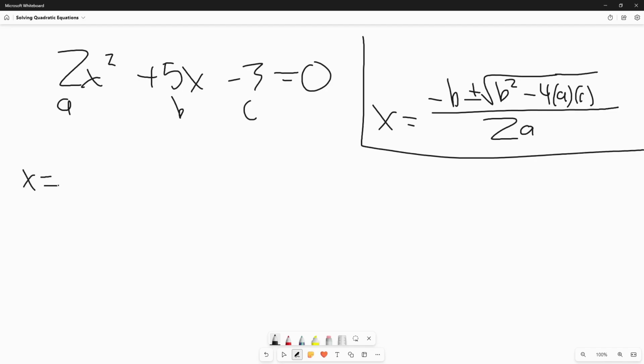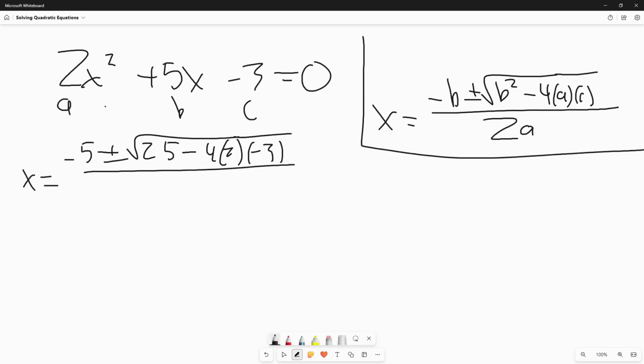We get x equals -5 plus or minus the square root of 5 squared, which is 25, minus 4 times 2 times -3, and we put all of that over 2 times 2, which is 4. Let's simplify this now.